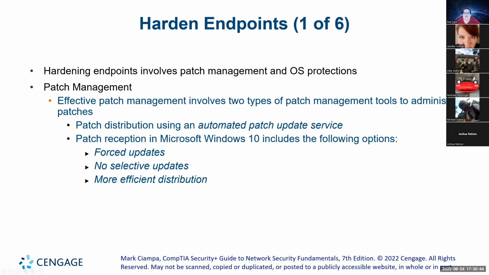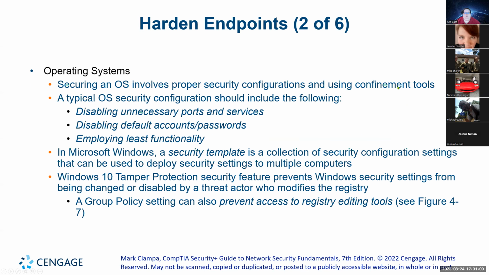So patch management, effective patch management involves 2 types of patch management tools to administer patches. There's patch distribution using automated patch update services. Patch reception in Microsoft Windows 10 includes the following: forced updates, no selective updates, and more efficient distribution. I have some comments on patch management that I'll tell you after this.